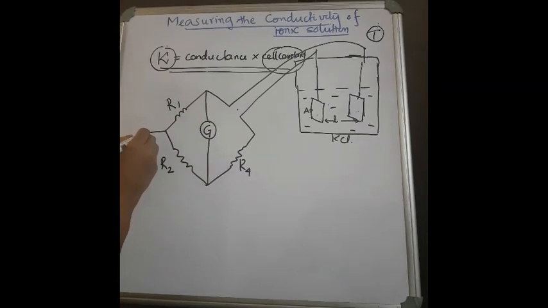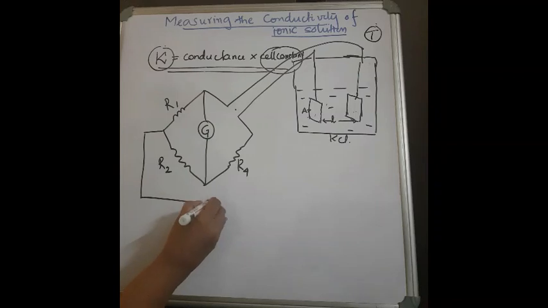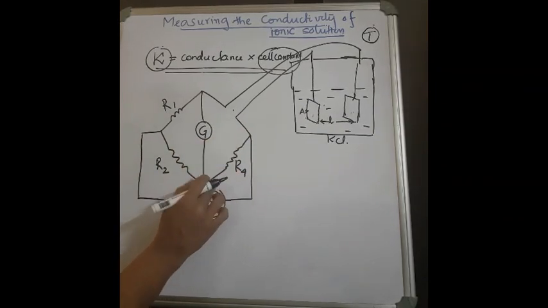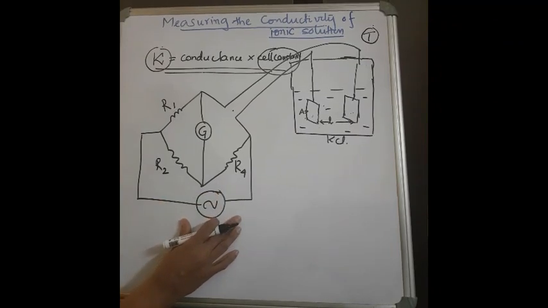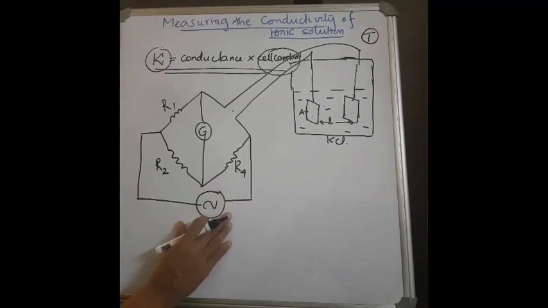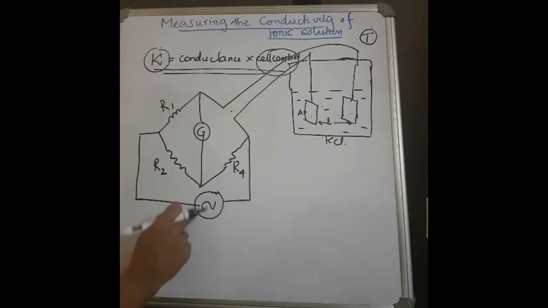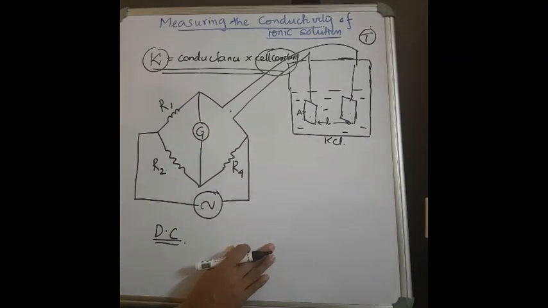and the outer circuit is supplied by an AC current. Why do we take AC current? If you take DC current, electrolysis will happen.